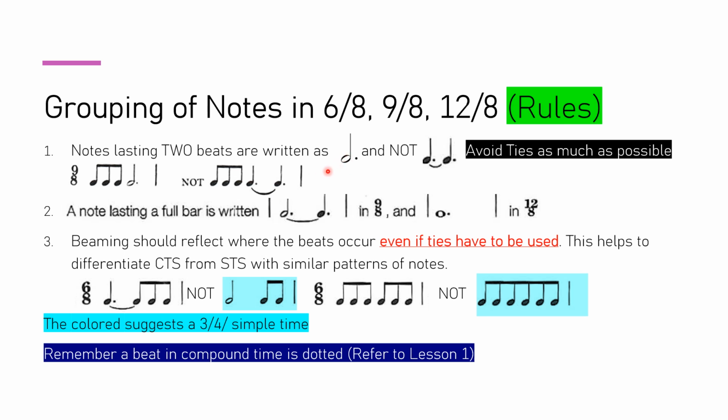So when we say 2 beats, remember that a beat in compound time is referred to as a dotted note. So if you see, for example, 9/8, the beat in this music is not a quaver, it's not the 8.